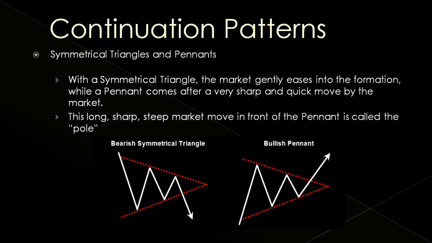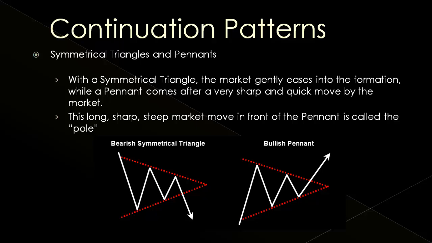Next, we can take a look at the bullish pennant. In this example, we can see that price moved upwards, formed a peak, and then fell back downwards and formed a valley. Price tried to move up once more and formed another peak. This time, this peak was lower than the previous peak. Price fell back down again and formed another valley, but this valley was higher than the previous valley.